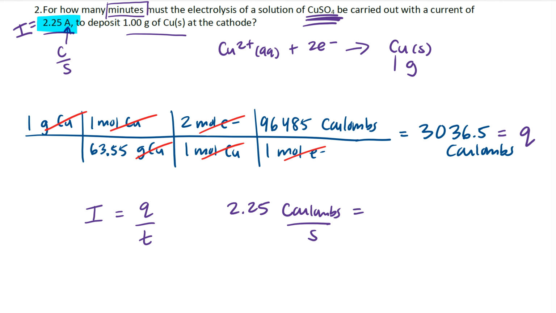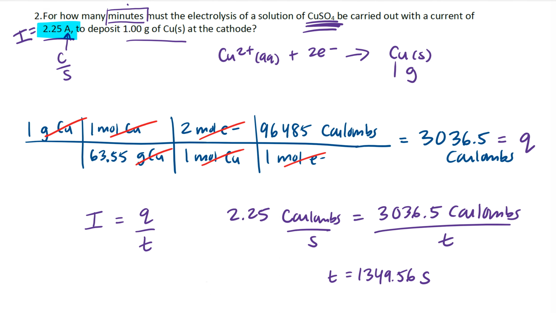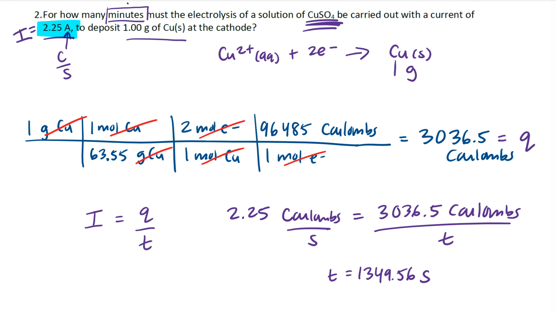I plug in the Q of 3,036.5 coulombs. And what I'm solving for down here is T, time. And so time is going to be equal to 1349.56 seconds. Okay, current is measured in coulombs per second.